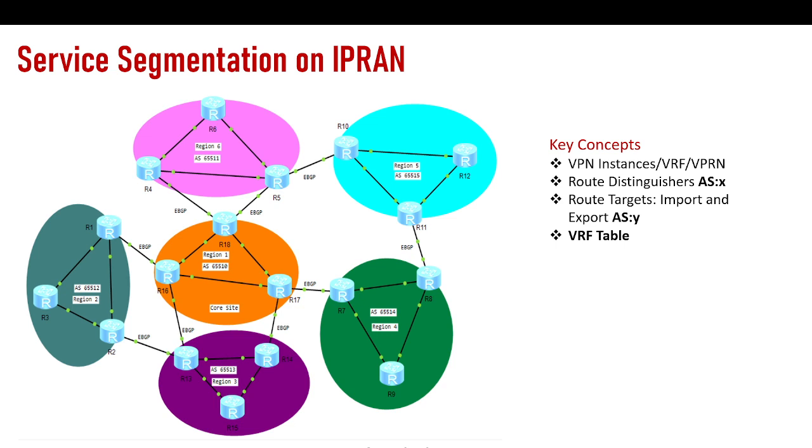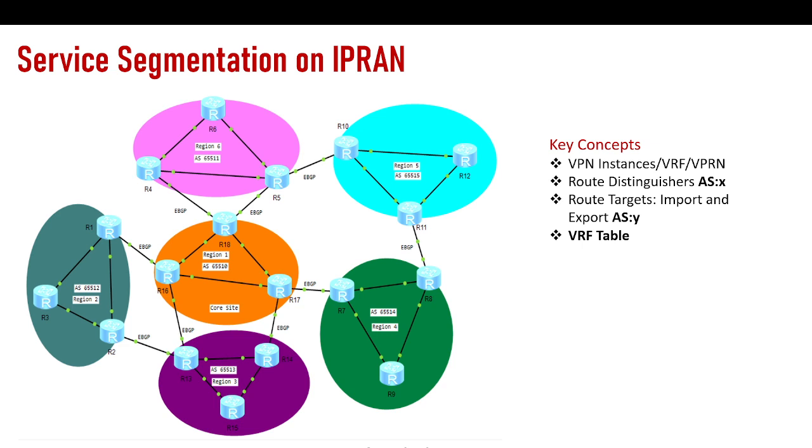So we achieve service segmentation by using the VPN instances, the VRF or the VPRN on our IPRAN network. This is how we normally do it on the service provider network. We use the VPN instances, the VRFs, to be able to segment these services on our physical network infrastructure, and we are able to provide some preferential treatment to some of these services and meet customer requirements.